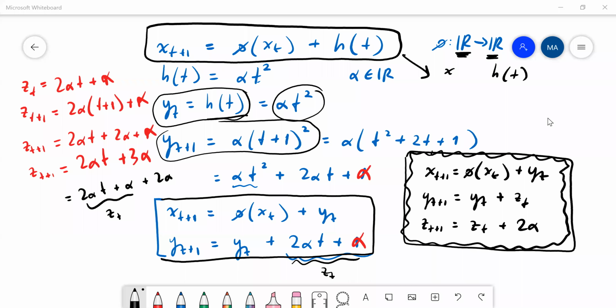Okay. By the way, let me also tell you this. The last system we just developed, as you see, is not stationary, right? Because if alpha is positive, z is always growing, okay? If z is always growing, y is always growing. So after that, you may want to normalize this model as well.